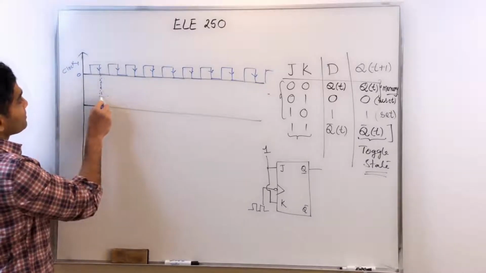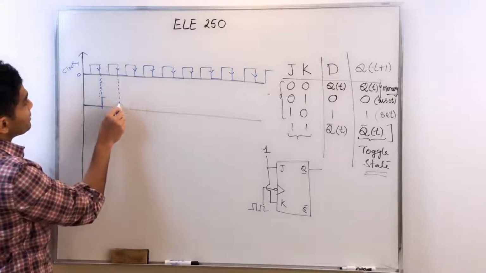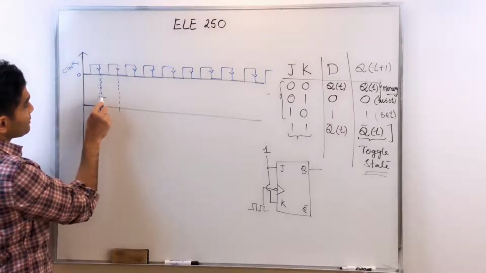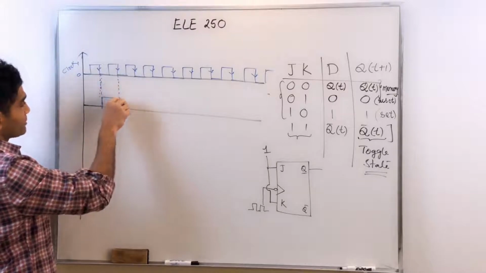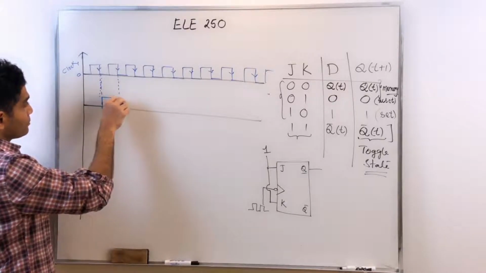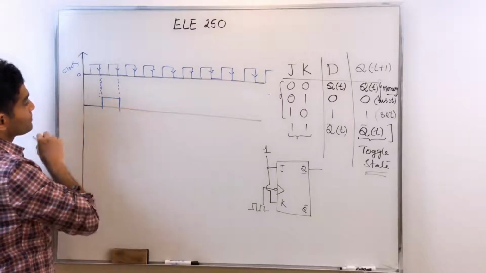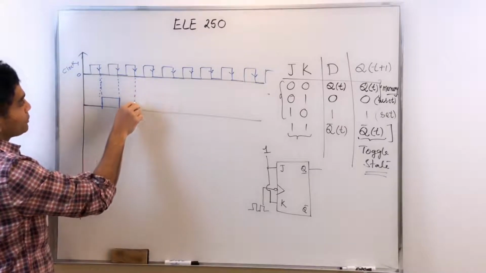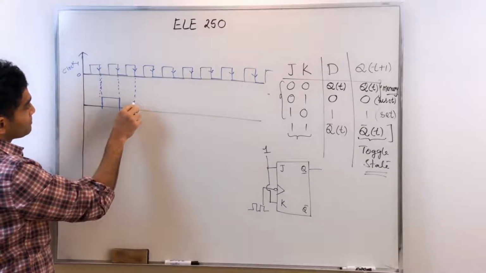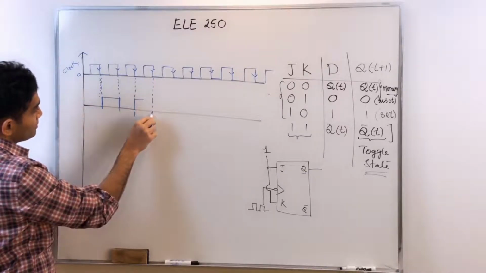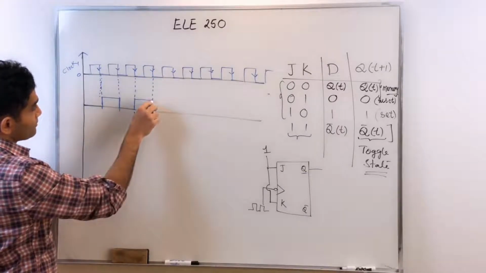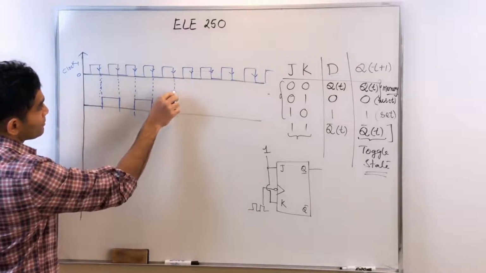and it remains 1 until when? Until the next active edge. This is the next active edge. At the next active edge, my Q becomes Q prime. Of course, it toggles again. The previous Q becomes Q prime, and it keeps doing that. At every new active edge, my output toggles in a very controllable way, because it basically follows the clock.